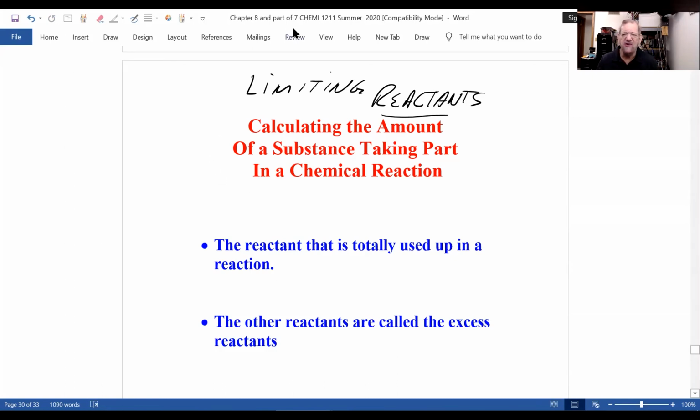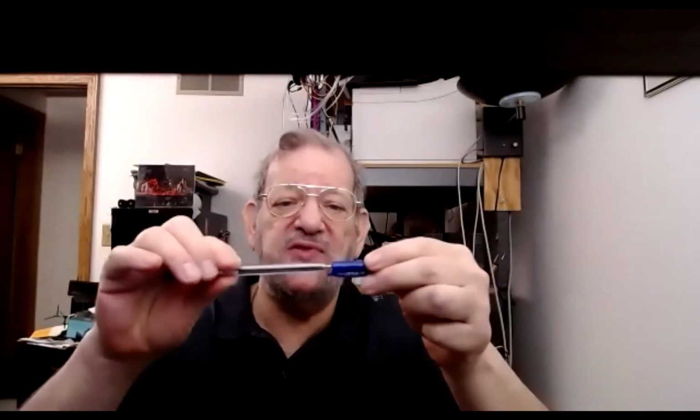Now, let's look at the following. Say I own a company that makes these pens, and I buy the cap from someone else, and I also buy the body of the pen from someone else. What I do is put the two together and sell it as a pen.